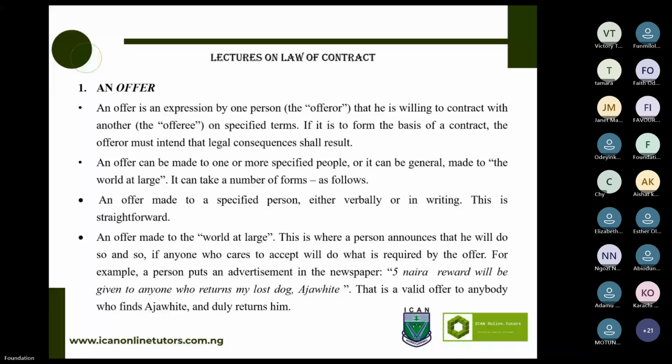Now, an offer can come verbally. Seeing a lady, talking to her, expressing your feelings, that is verbal. Maybe you are so scared, you don't know what will come from her, you don't want to see her expression, so you can put it in writing. The same thing applies to business.